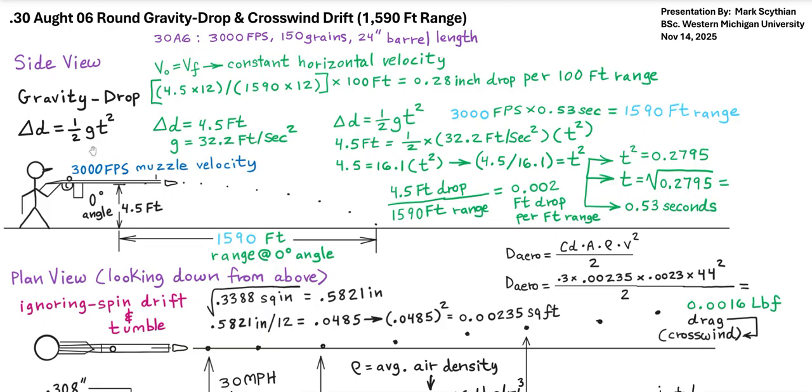The gravity drop can be described by the change in distance on the y-axis equal to 1/2 g t squared, so that is the vertical axis.